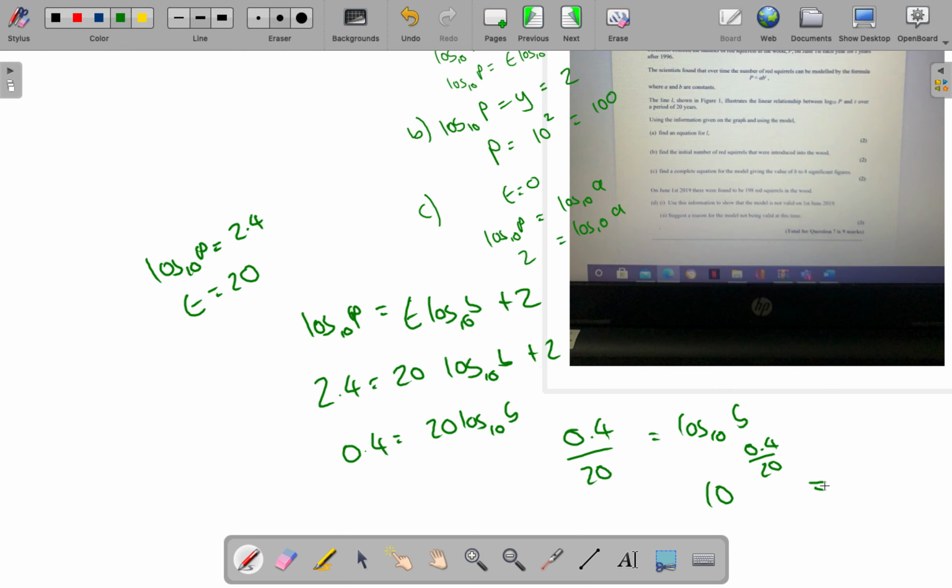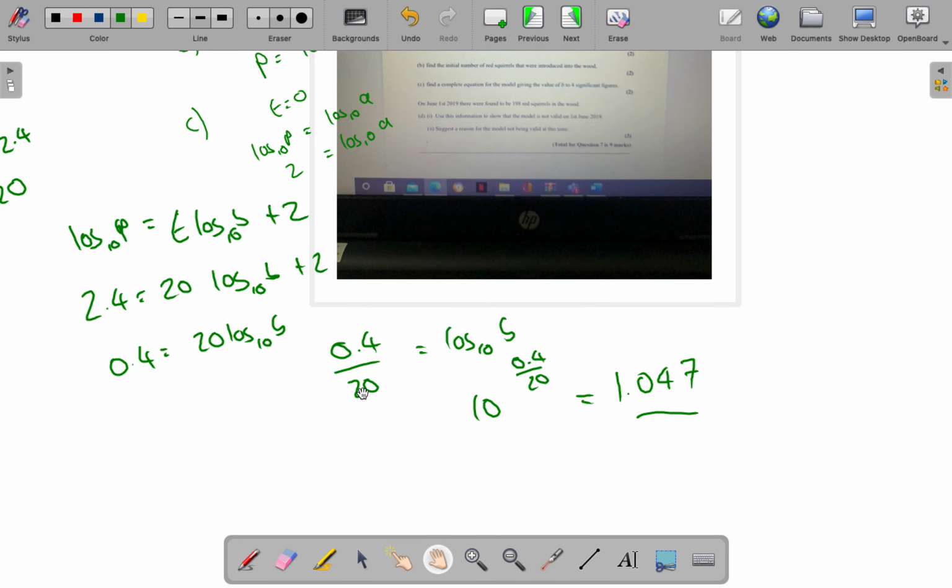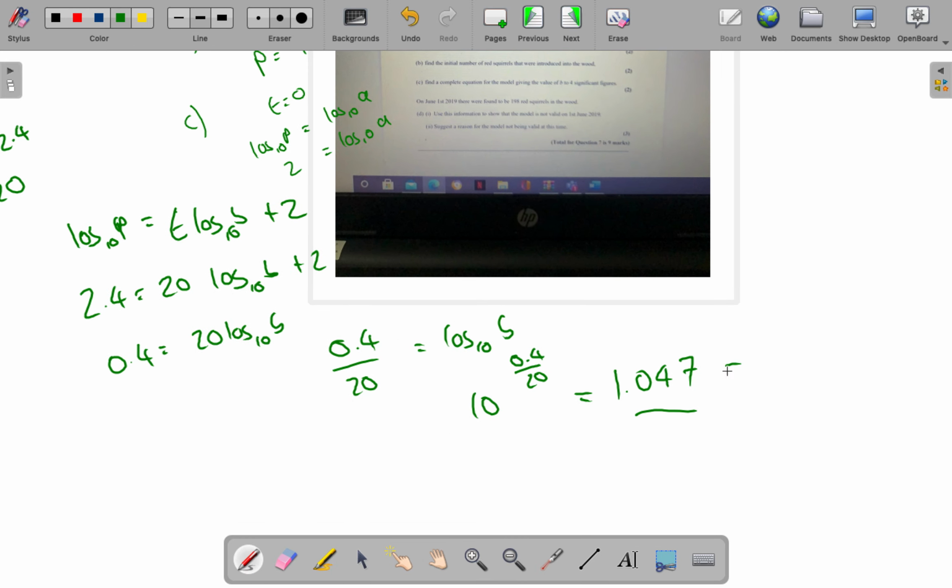So 10 to the power of 0.4 divided by 20 is equal to 1.047. He wants it to 4 significant figures, so 1.047 is the final answer. So that is your answer to B. So that gives you the gradient. Okay, so this is equal to b.